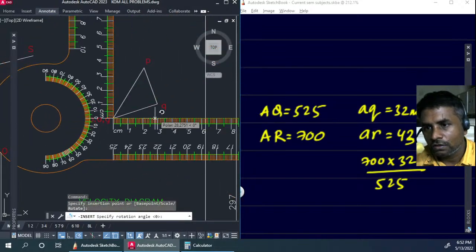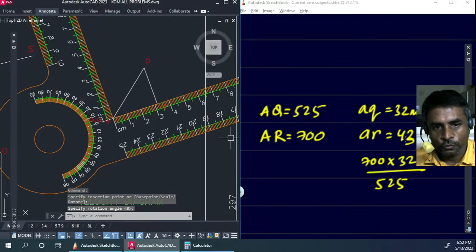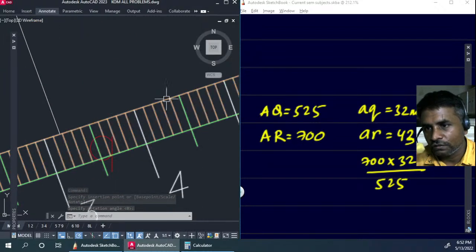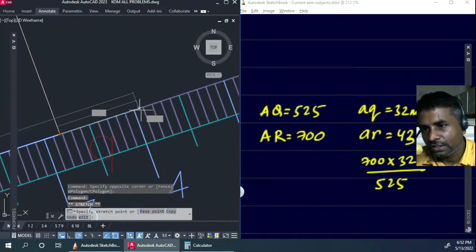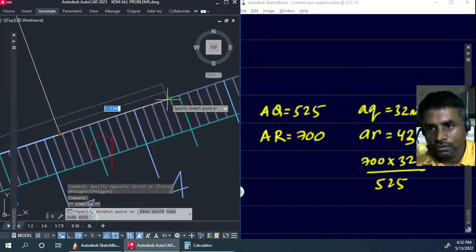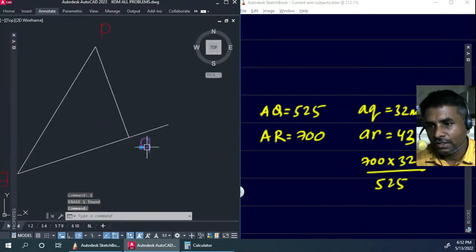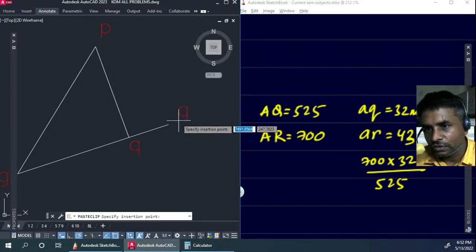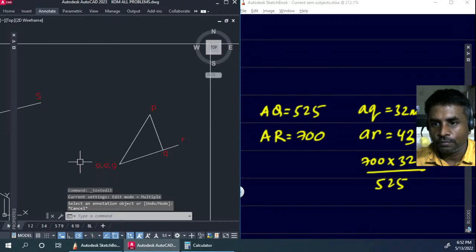A is here in the direction of Q. I'll have to extend it up to 43 mm. So this length needs to extend to 43 right here. Now we can see that I've got another point over there, and that point is going to be small r.